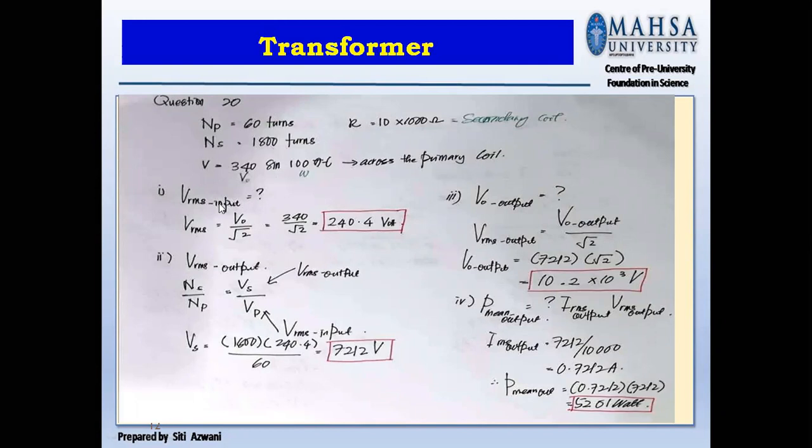For question 1, VRMS for the input, you apply VRMS equal to V naught divided by square root 2, because you want to calculate the VRMS and you already have V naught from the alternating voltage function in the primary coil, which is the input. Then solve, and you get the answer for VRMS of 240.4 volt.